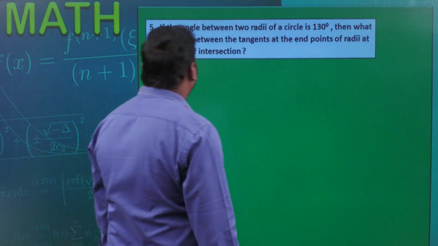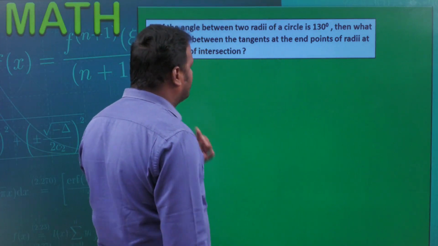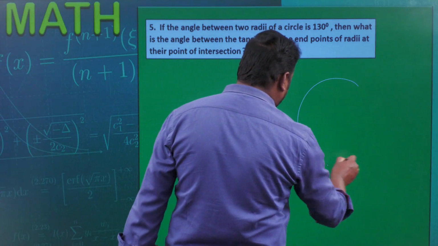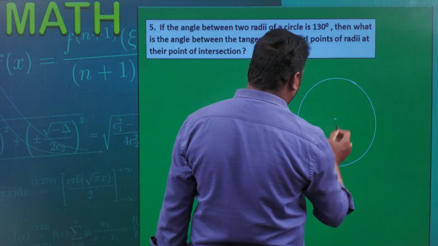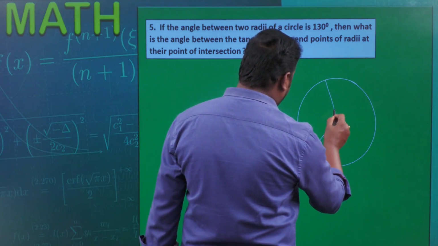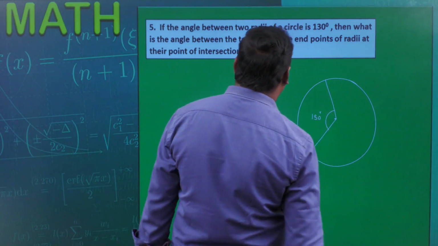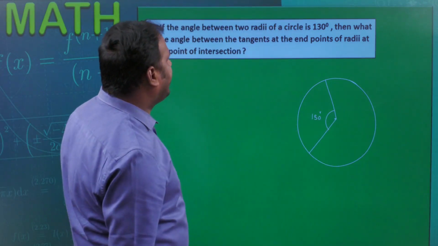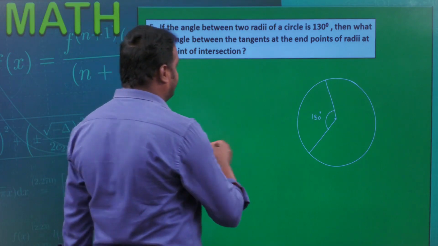Coming to the next one, if the angle between two radii of a circle is 130 degrees, this is a circle, for example, this is one radius and this is one more radius. This angle is going to be 130 degrees. Then what is the angle between the tangents at the endpoints of radii at their points of intersection?